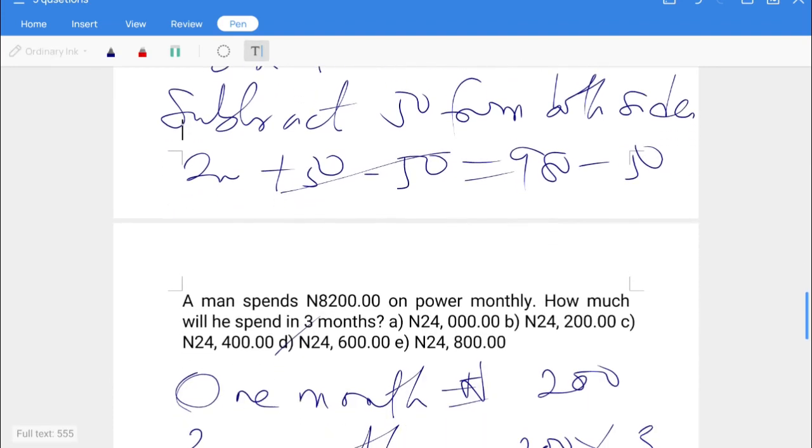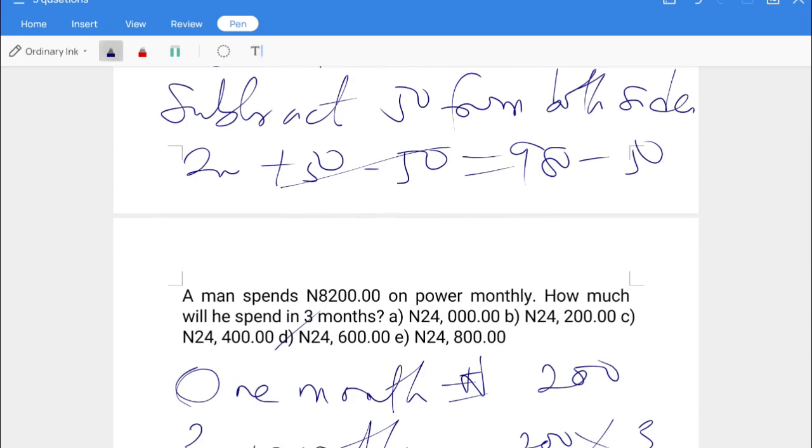So at this point, it's going to be 2x equals 980 minus 50. That's going to be 930.